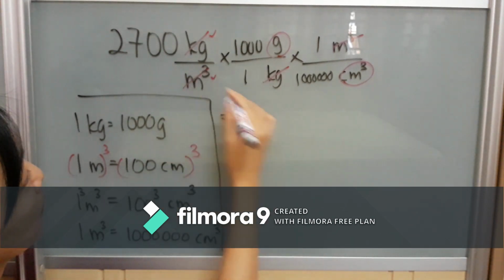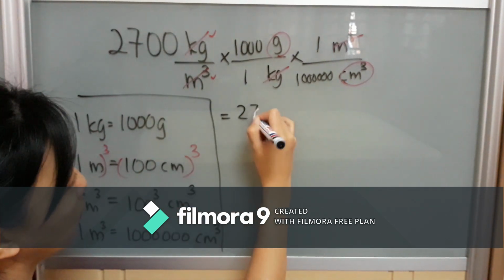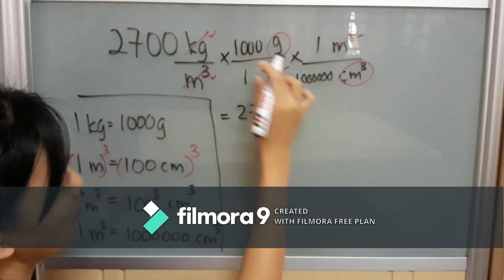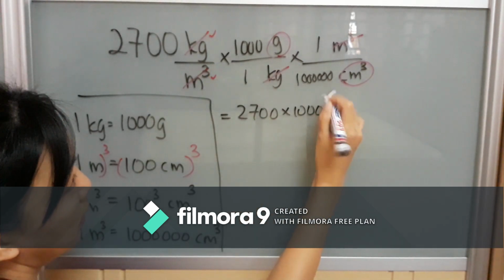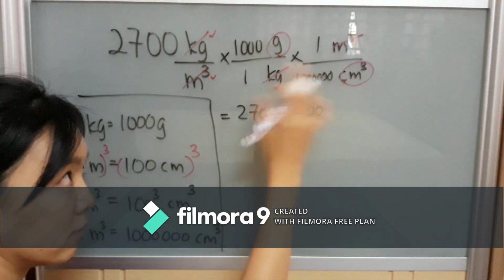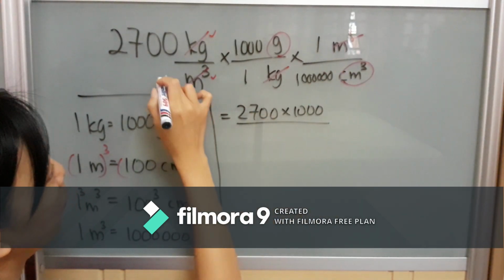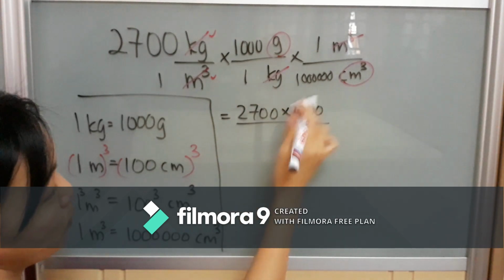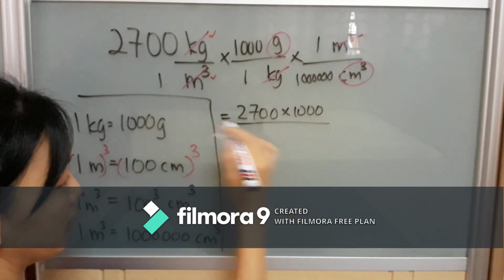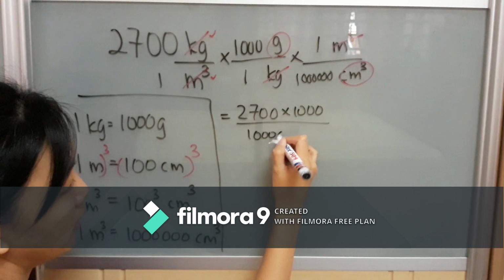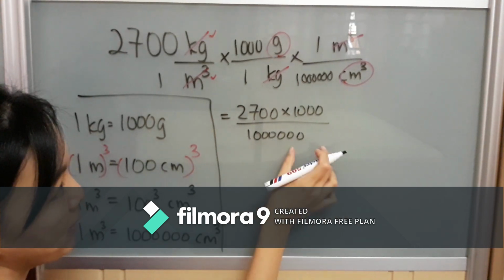Now I put all the numbers together: 2,700 times 1,000 times 1. You don't have to write the 1, because it's the same, times 1 times 1 million. So the 1s I can take off and I'm left with 1 million.